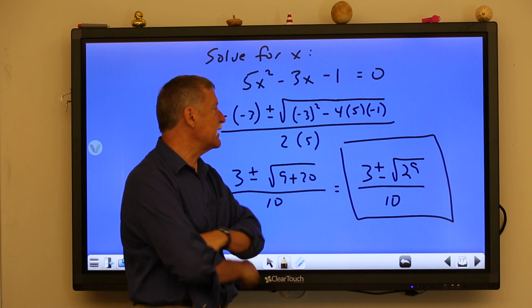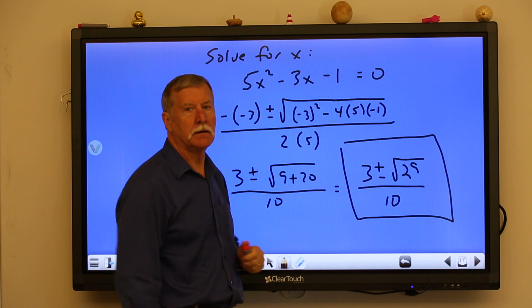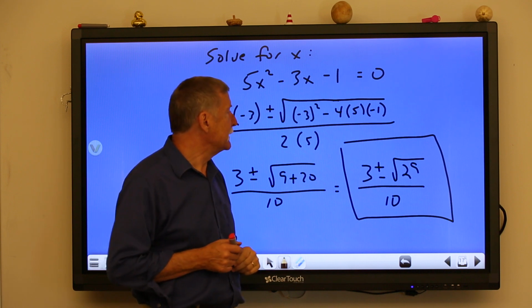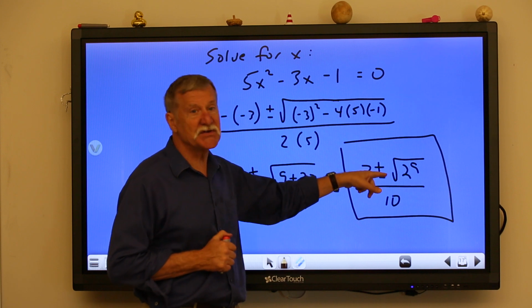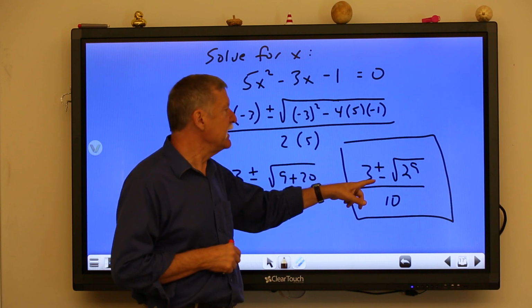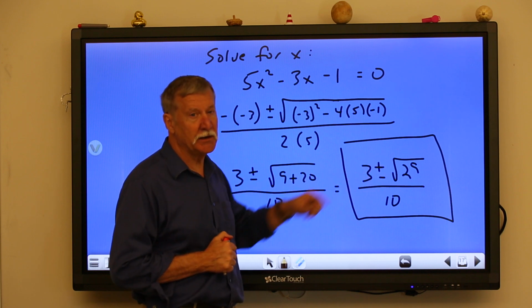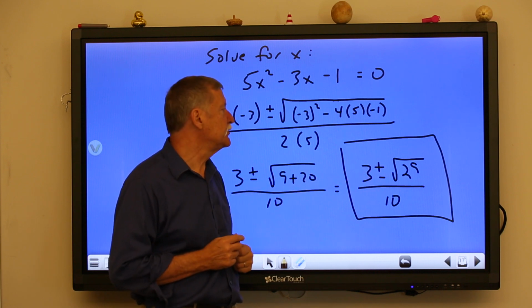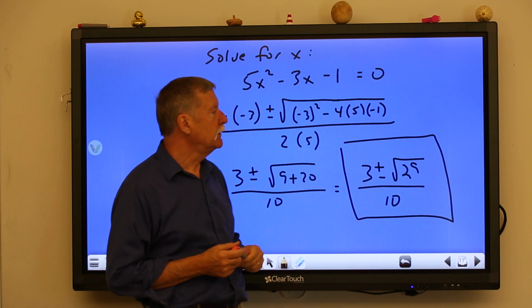Believe me, if you were to actually substitute this into the equation, it would work. And again, this is giving you two answers: 3 plus the square root of 29, divided by 10, and 3 minus the square root of 29, which would be a negative number because the square root of 29 is bigger than 3.